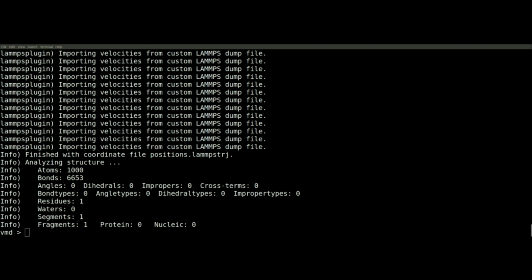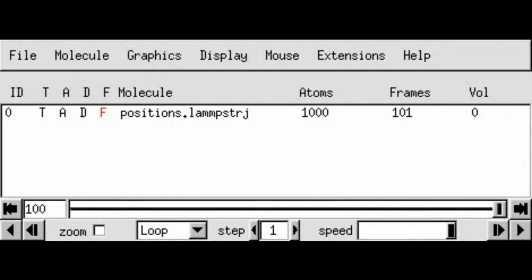Sorry about that. So when you first launch VMD, you will get a certain number of windows. The first window you will get is something that looks like this, which is quite literally the GUI for VMD. The other window that you'll get has this lovely, terrible, terrifying, awful mess.